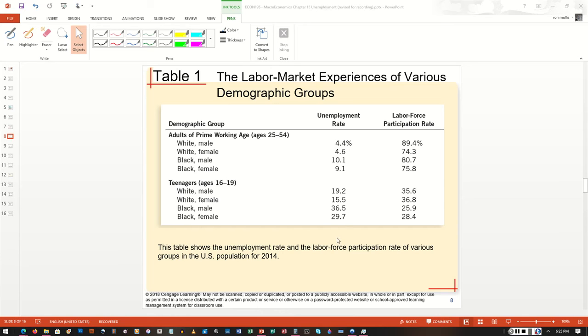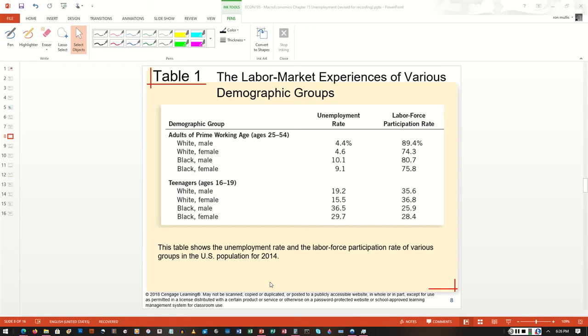And the reason for that, why this group, the teenager group, is a lot higher as far as unemployment rate and lower for labor force participation rate, is because most people between the ages of 16 and 19 are in school, they have school activities, so they're not as stable in the labor force as, say, an adult who's 25 to 54.